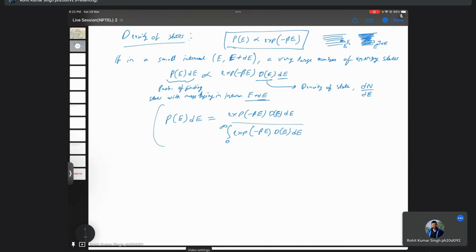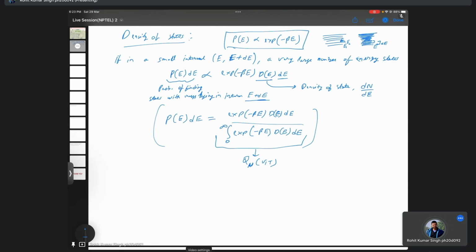This is how we can calculate the probability, and again the denominator will be our partition function. So this is the concept of density of states. It's a simple concept, but we will need it later.